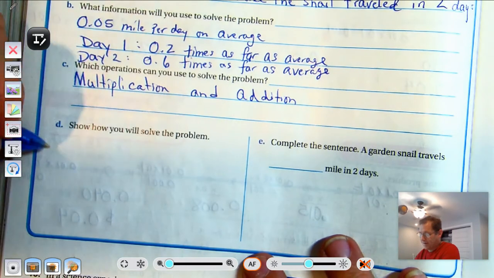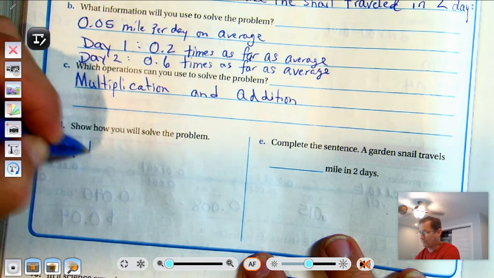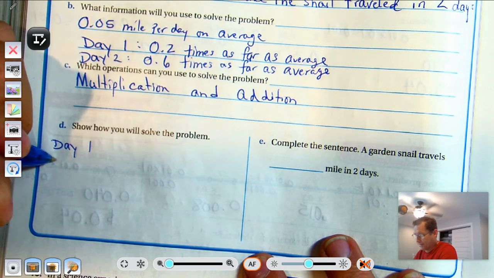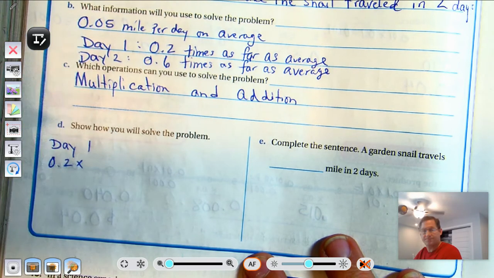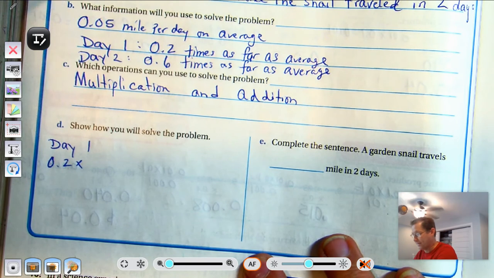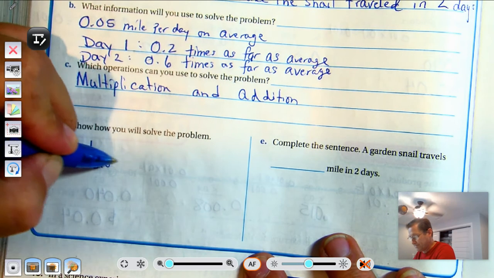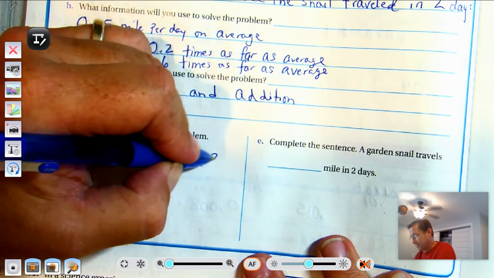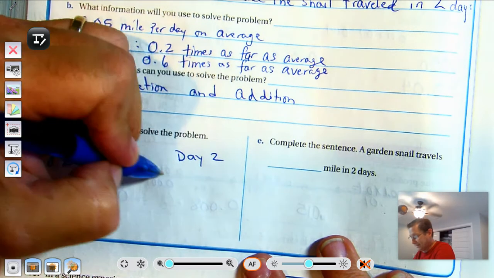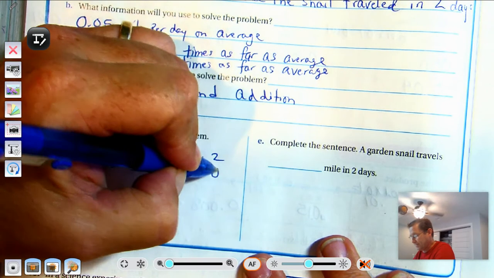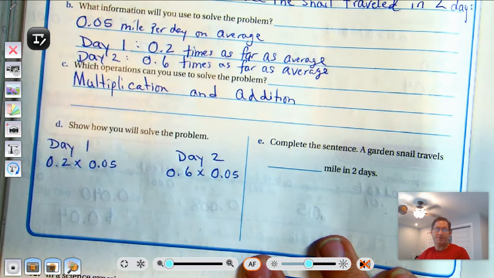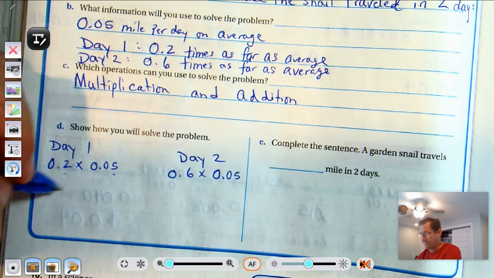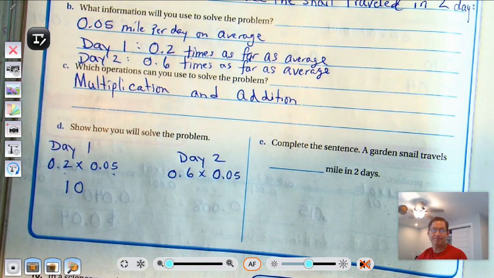So day 1 is 2/10 times 5/100. And day 2 will be 6/10 times 5/100. Well, 2 times 5 is 10.